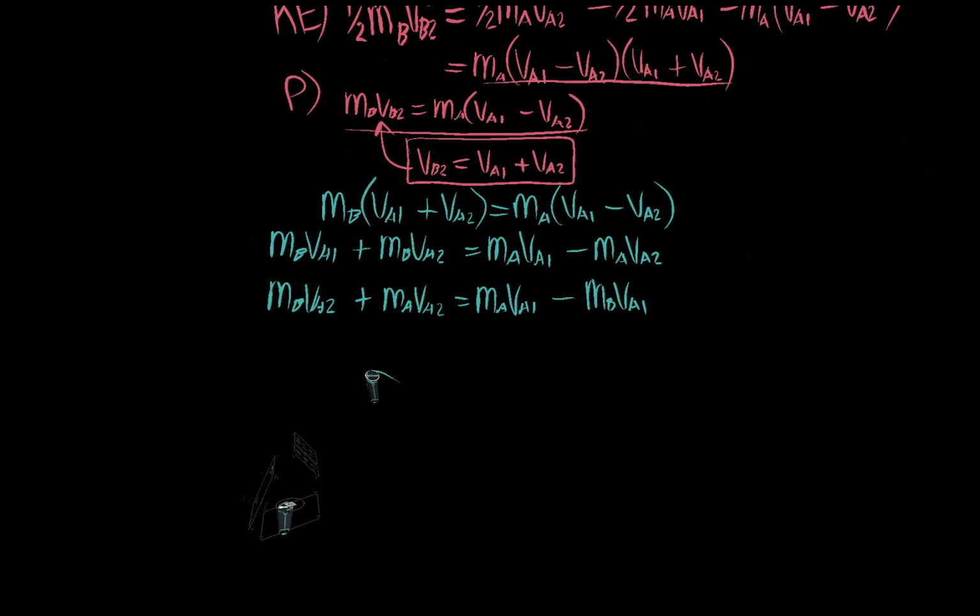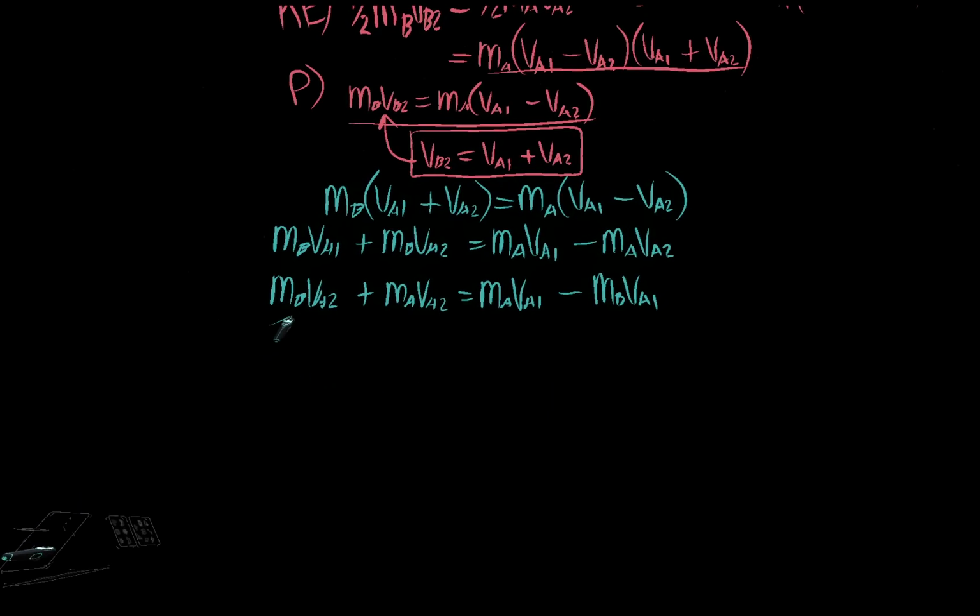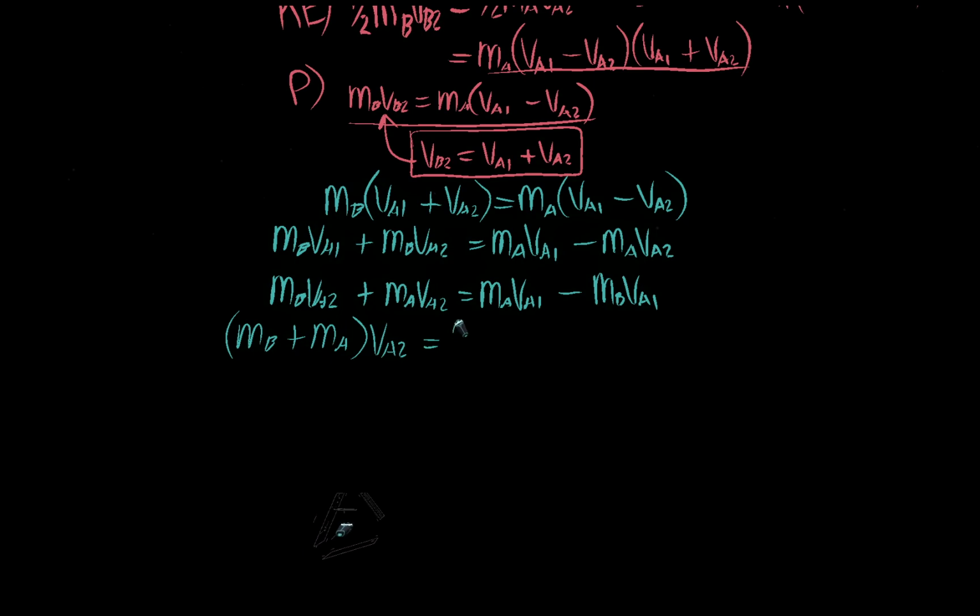Then we're going to pull out the VA2 here, so we have MB plus MA times VA2 is equal to MA minus MB times VA1.